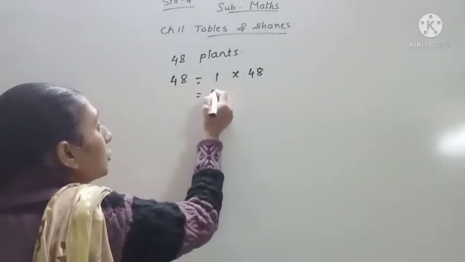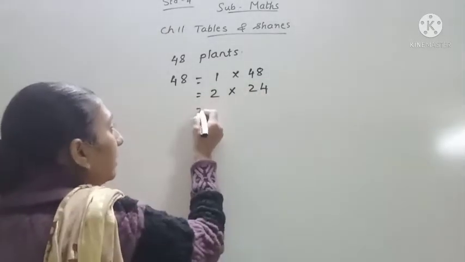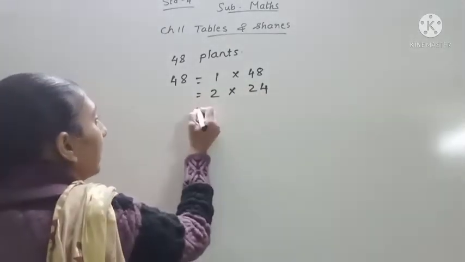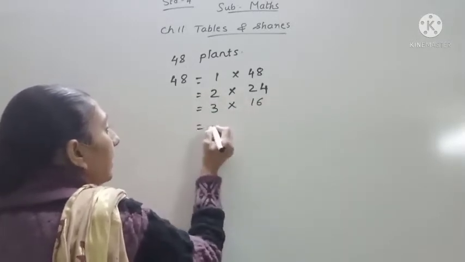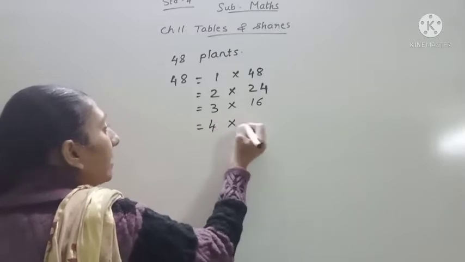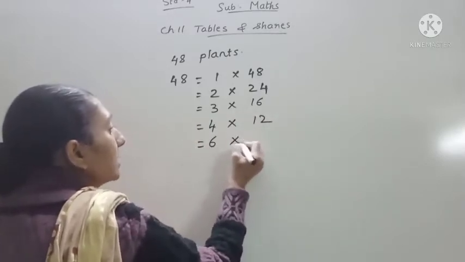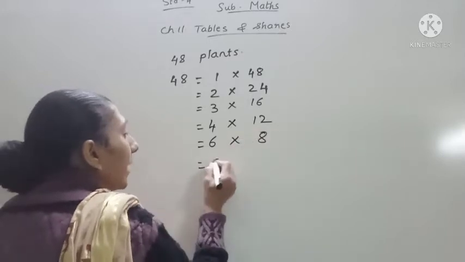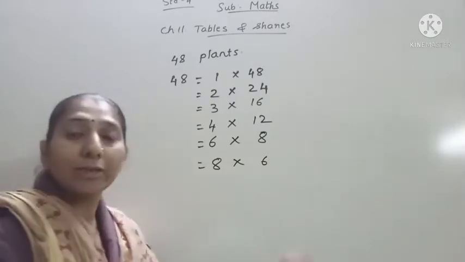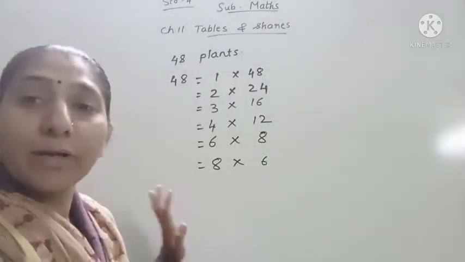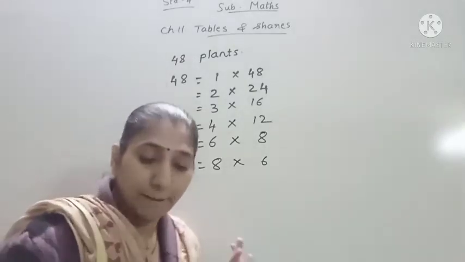Then in 2 rows, 24 plants. Then in 3 rows we can arrange 16 plants. Then in 4 rows we can arrange 12 plants. Then 6 rows 8 or 8 rows 6, likewise. So these are the different arrangements in which we can plant 48 plants.